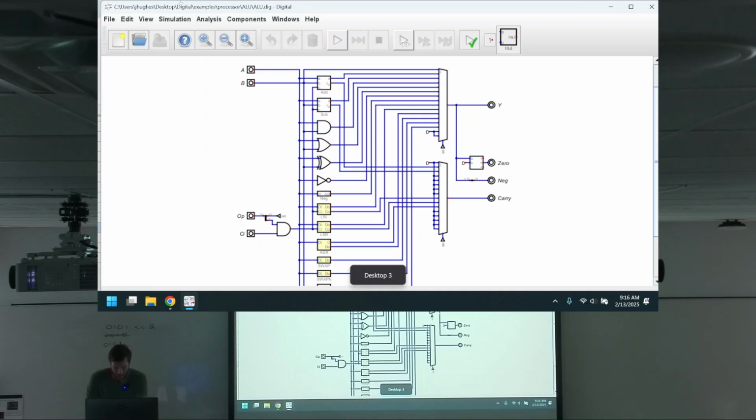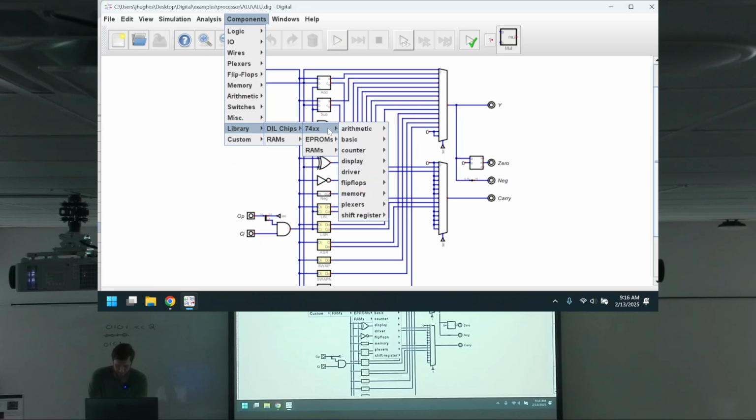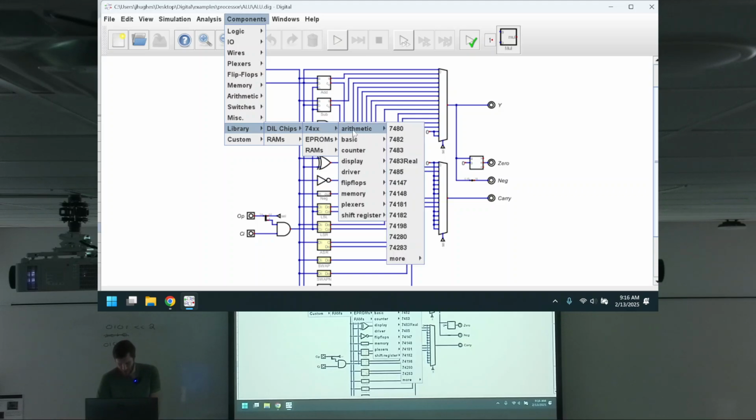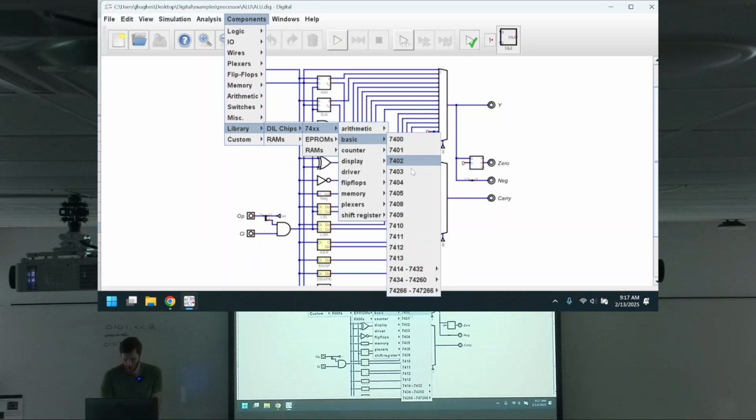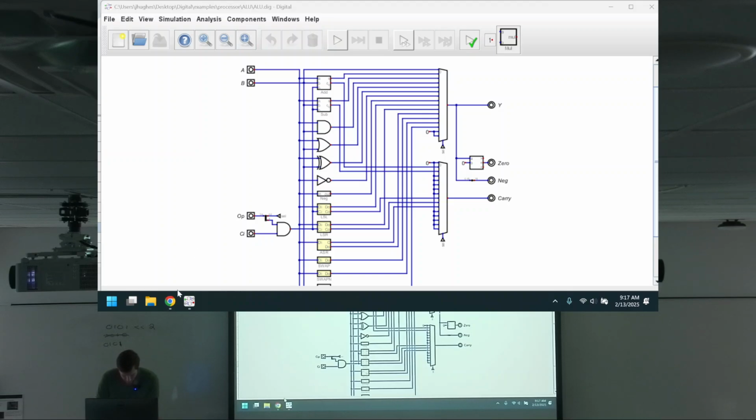Now, one thing. I was talking about 74XX. There's a series of little chips called 74. A lot of them are LS, but they have different codes, like 7480, 7482, 7483. There's all of these, the 7400 series, okay?